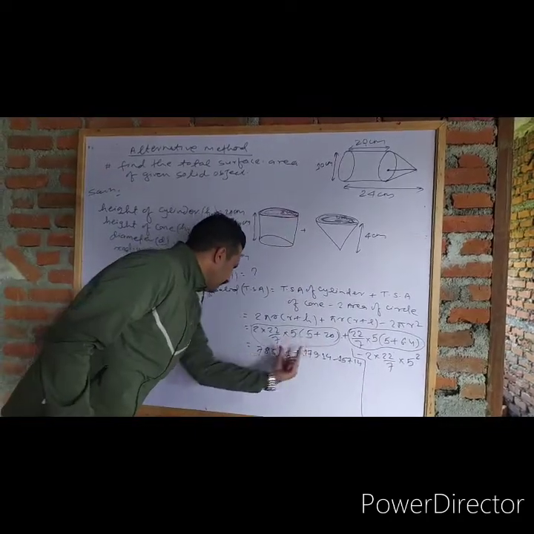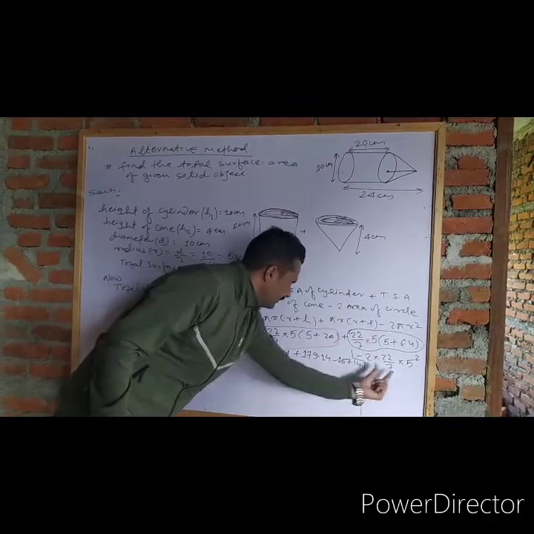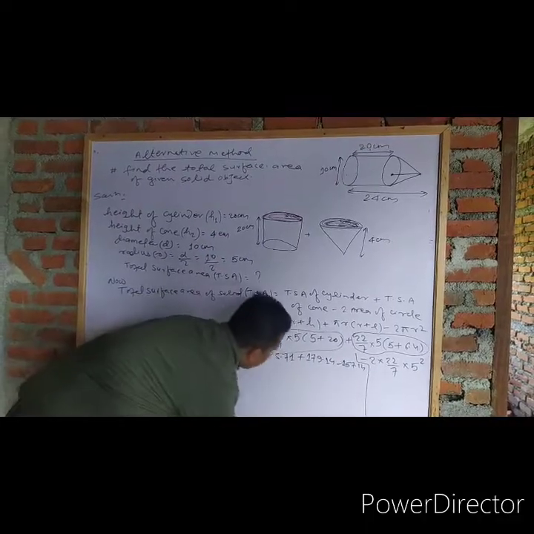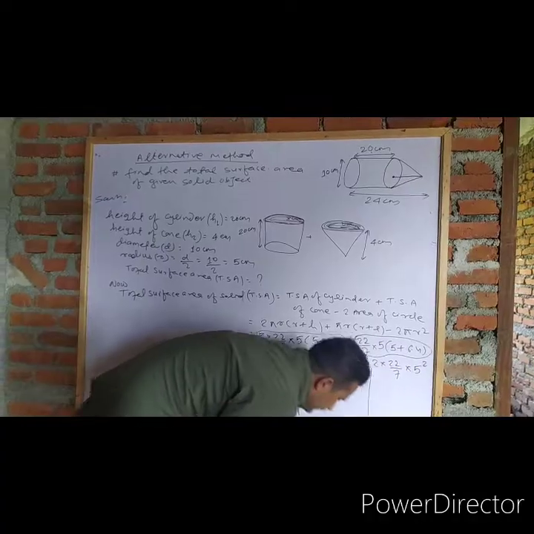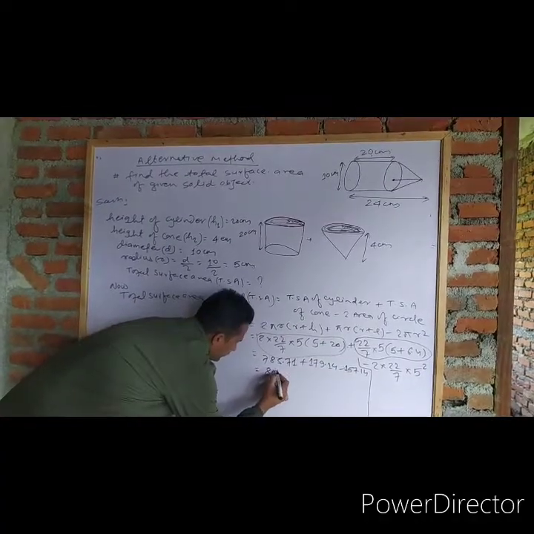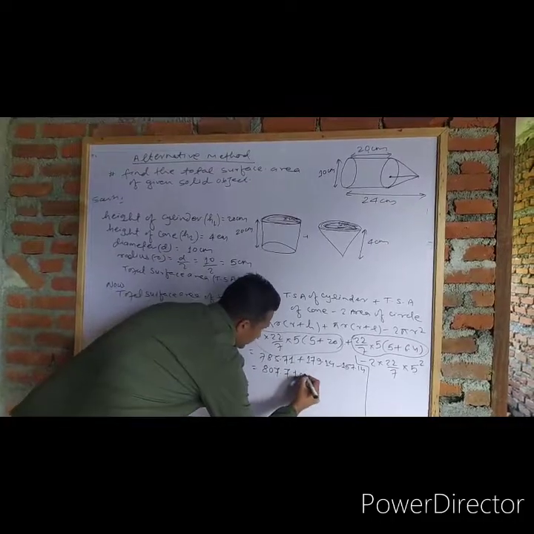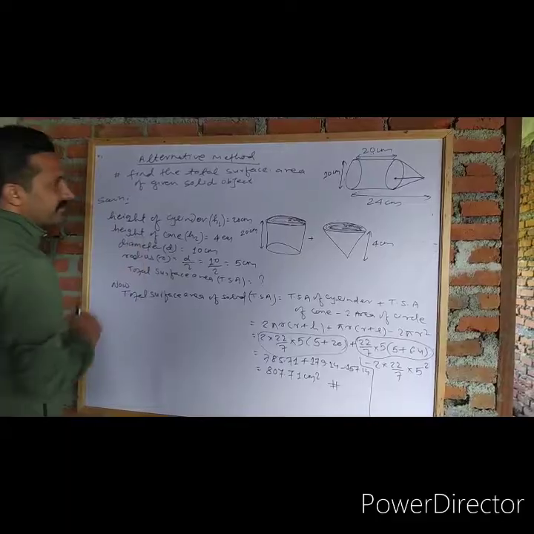By using calculator, we get these values. And add and subtract all three values. 807.71. 807.71 centimeter square is the total surface area of the combined solid.